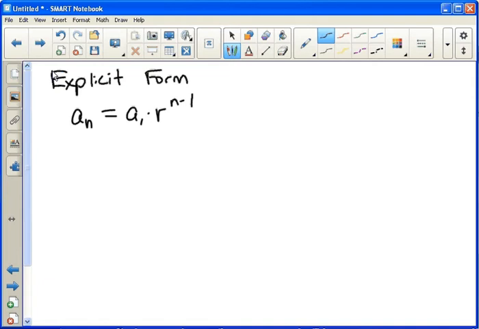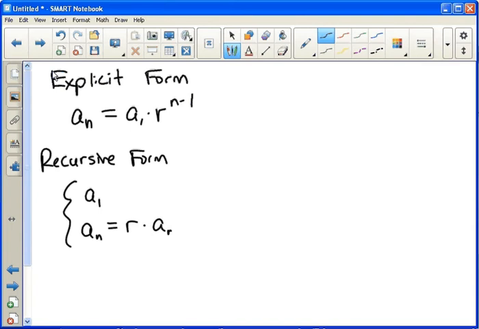That's the explicit form, and that's what we'll use most often. But just in case you need it, the recursive form is a1, which they give to you, and then an equals r times a(n minus 1), for n greater than or equal to 2. So those are the general forms for geometric sequences, the explicit form and the recursive form.